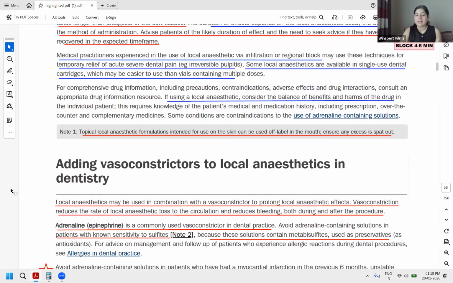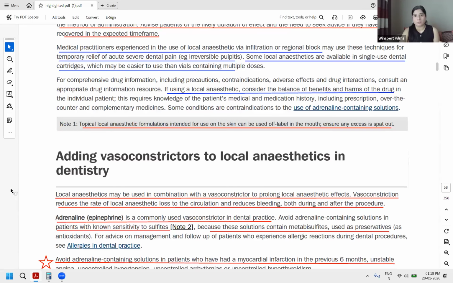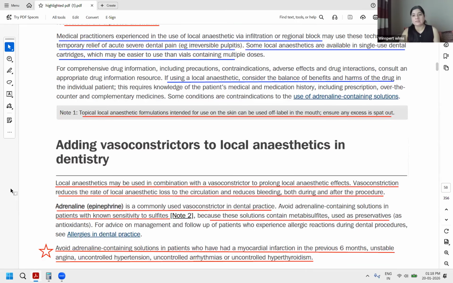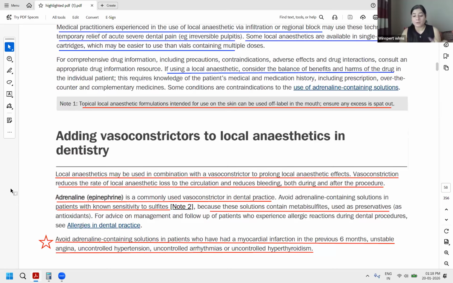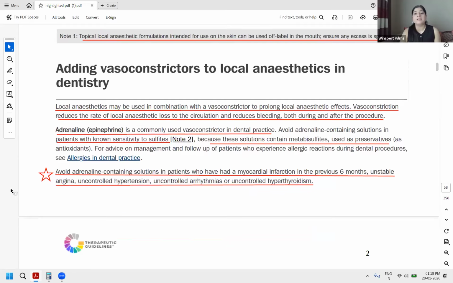Whenever you're choosing a local anesthesia agent for your patients, which you will be doing a lot in the examination for a lot of questions, you should always consider the benefit and the harm of the drug. So I'm going to be talking about the clinical situations, for example, where articaine can be chosen, where adrenaline should be avoided, and when adrenaline is avoided, what should be the agent of choice, or the gold standard whenever adrenaline is contraindicated, which should be your first go-to local anesthesia.